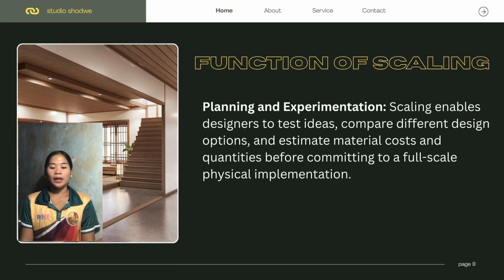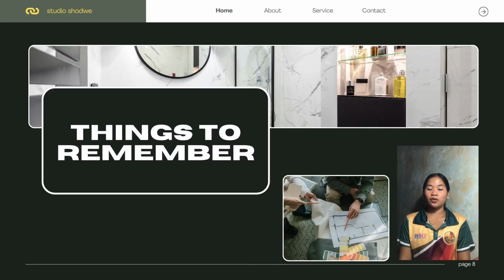So, scaling helps designers try out ideas, compare designs, and estimate materials before starting the real project. Now we are already done with the functions of scaling. So let's proceed to the things to remember.